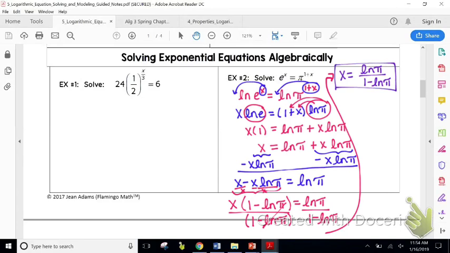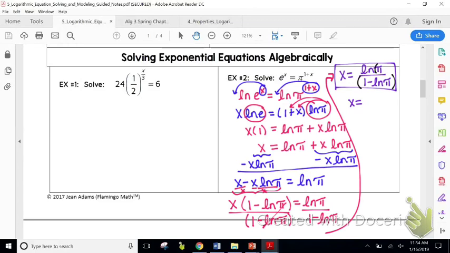And if I want it rounded to 3 decimal places, let's put that in our calculator and get that. So now remember, when you put this in your calculator, there's more than one thing in the denominator, so you have to put that in parentheses to tell your calculator that it's going to put that together. So what is the natural log of pi?